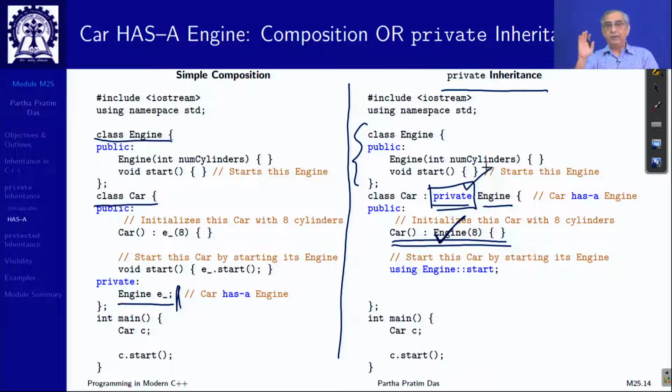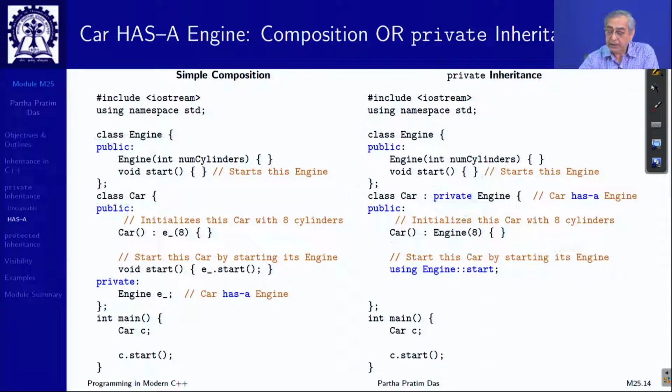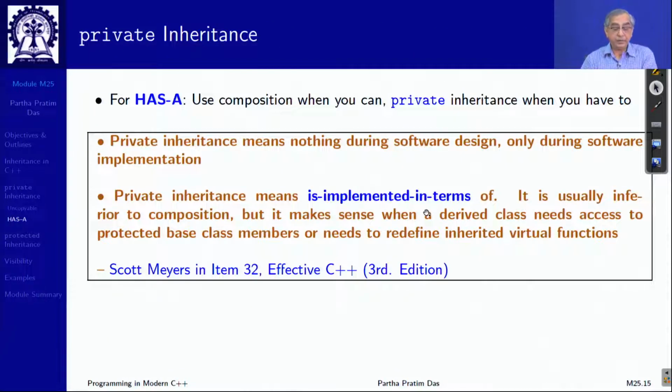But mind you, none of these are very strong use cases, but these are the places where private inheritance has been used from time to time. So, even after this possibility for has a relationship, never use composition whenever you can, use private inheritance only when you have to.